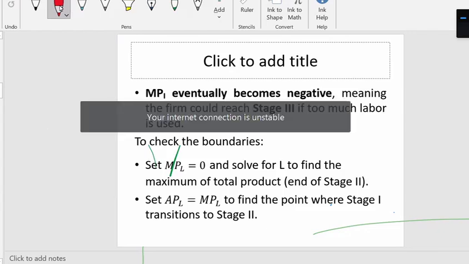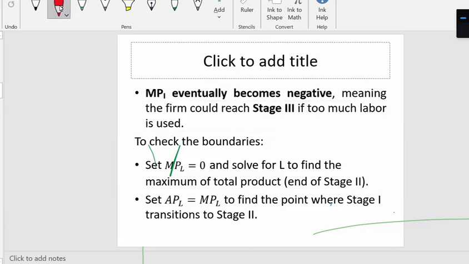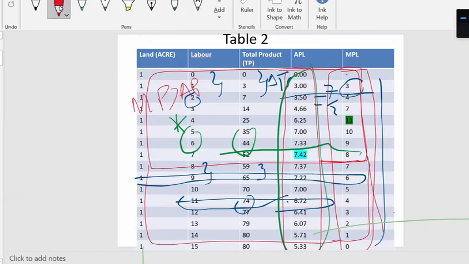Kwa mfano hapa, sawa? Unaona hii table hii? The marginal product here is 0. Kwa maana yake, if I set the marginal product equal to 0, that means I have to employ how many people? 15. Yes, 15. But the question, is this the efficiency level of production?